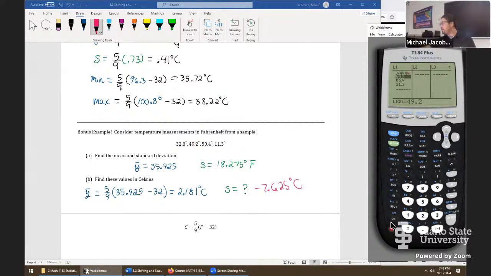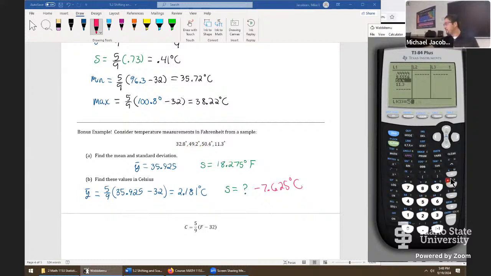Do it again on this one, 49.2. So 5 divided by 9, multiplying 49.2 minus 32. Okay, so the second value is at 9.5 degrees. That looks about right. So it went from 0.4 to 0.9 by increasing.